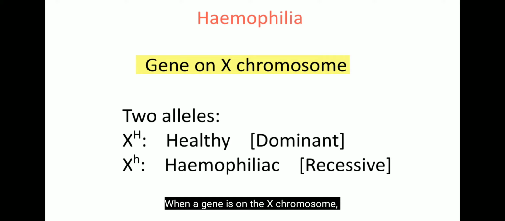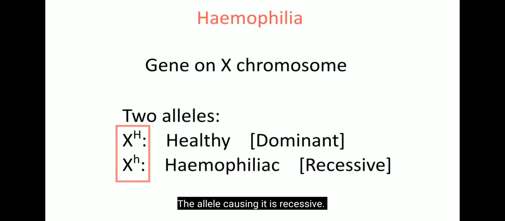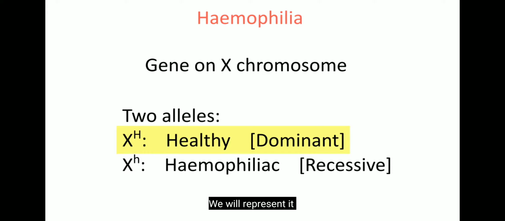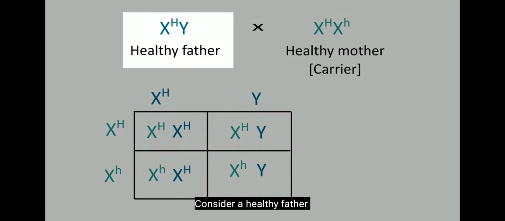When a gene is on the X chromosome, we write its alleles as superscripts of X. The allele causing it is recessive. People with at least one functioning allele of this gene are healthy. The normal allele is dominant. We will represent it with a capital H superscript.